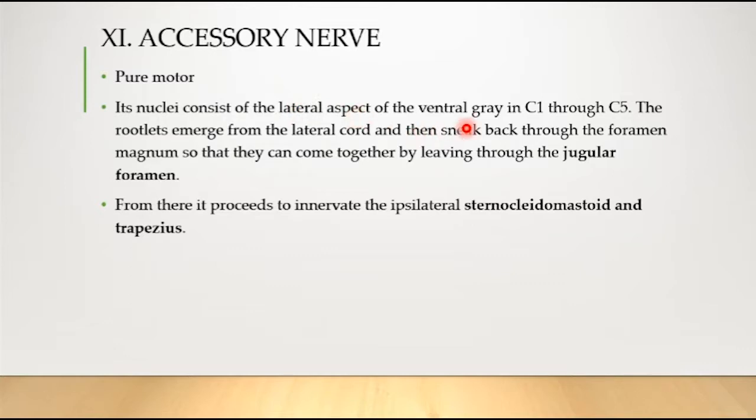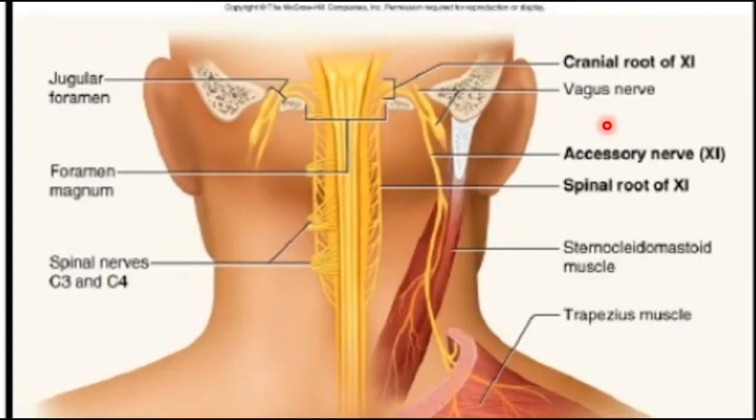And of note, the nuclei consist of the aspects of the ventral horn through C1 through C5. So there's a spinal component to it. And it passes through the foramen magnum. So if there's any herniation or any pressure through the foramen magnum, it can be involved.